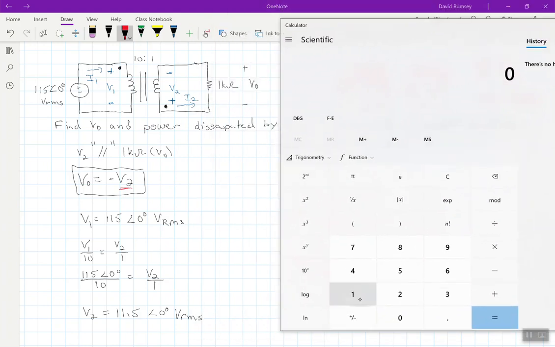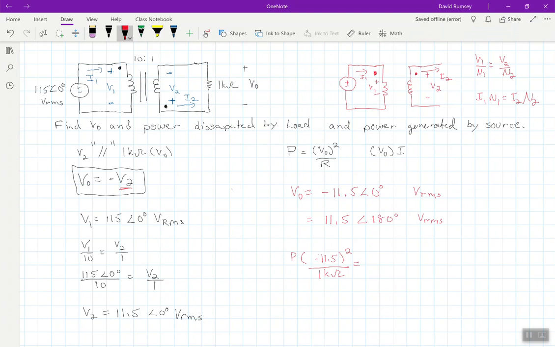So we had 11.5. I know it was negative, but I'm squaring it, so it's not going to matter. And then divided by 1,000. So we get 0.13225 watts, which we could, of course, write as 132.25 milliwatts.